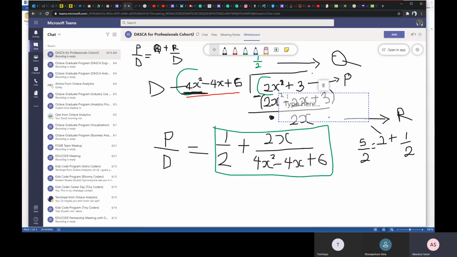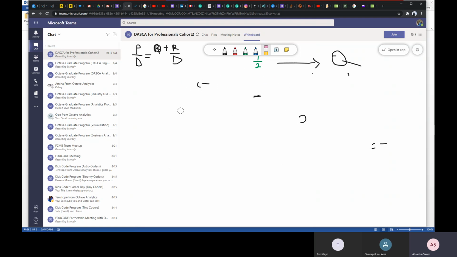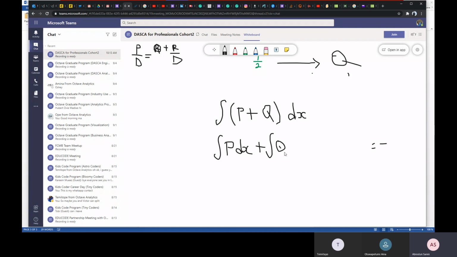If I'm doing the integral of p of x plus q of x dx, it is the same thing as integral of p dx plus integral of q dx.